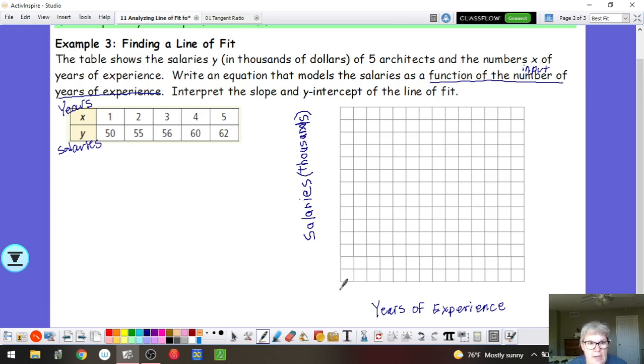So for my X scale, my years of experience, I can start at 0 and just increase it by 1. 1, 2, 3, 4, 5. For my Y-axis, it appears I need to have a break. Now it's important that you show that break in the scale. And I'm going to start at 50.